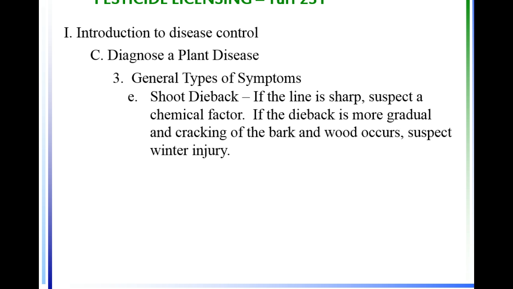Otherwise, shoot dieback can result from, if it's more gradual and cracking, you can suspect some winter injury, but you have to look at it as a total, because it can actually be caused by a pathogenic root rot or canker. So look at the whole situation.